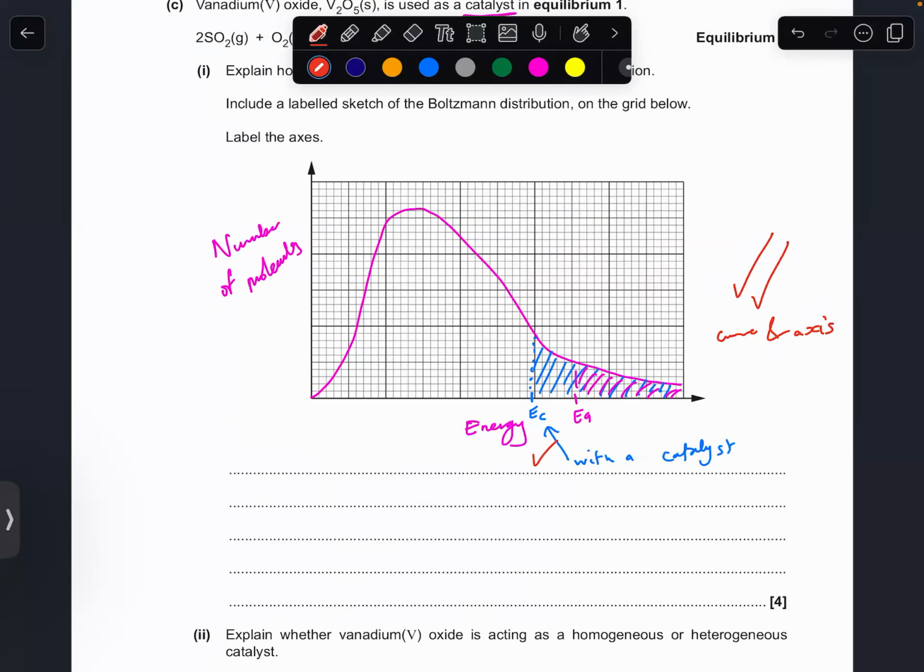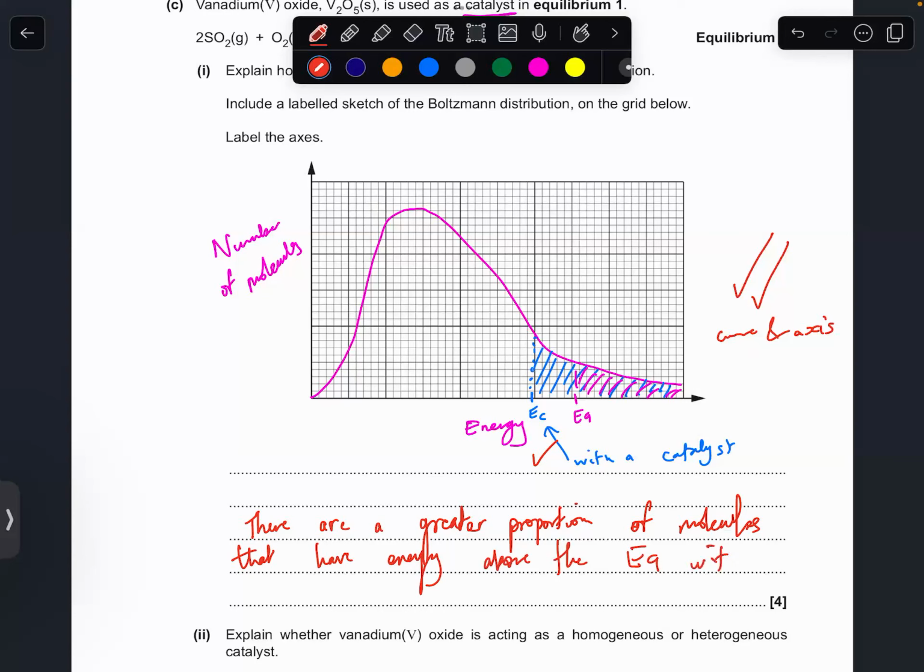And a statement that using a catalyst, there are a greater proportion of molecules that have energy above the activation energy with a catalyst.